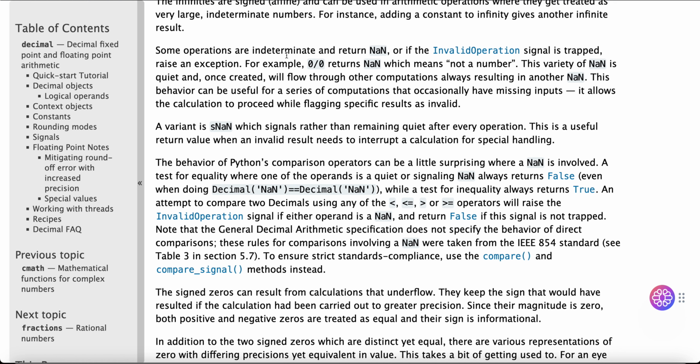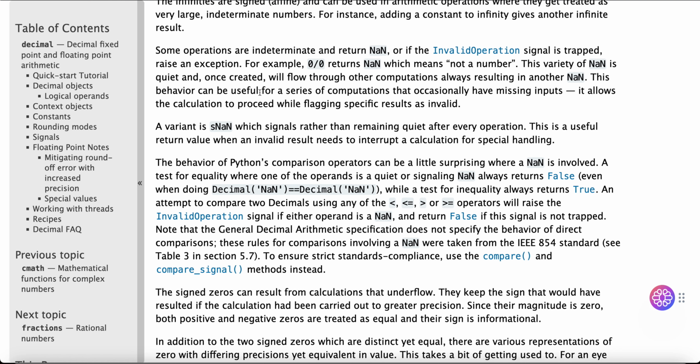Some operations are indeterminate and return NaN, or if the InvalidOperation signal is trapped, raise an exception. For example, 0/0 returns NaN, which means not a number. This variety of NaN is quiet and, once created, will flow through other computations, always resulting in another NaN.